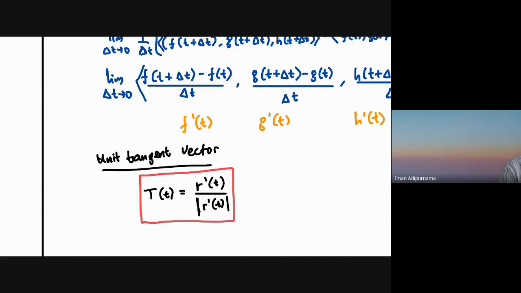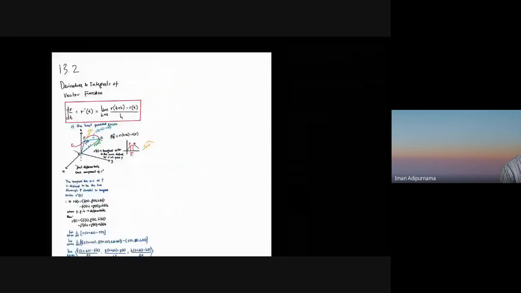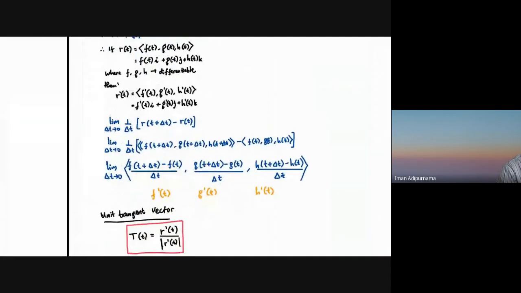Let me give you a few basic examples to find the derivative and the unit tangent vector. Any questions before?